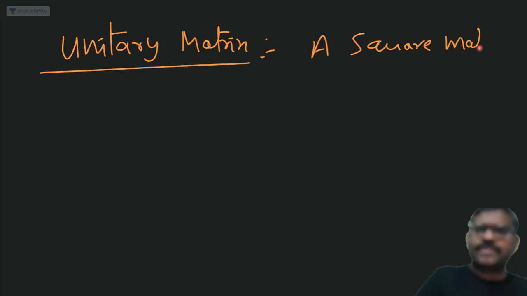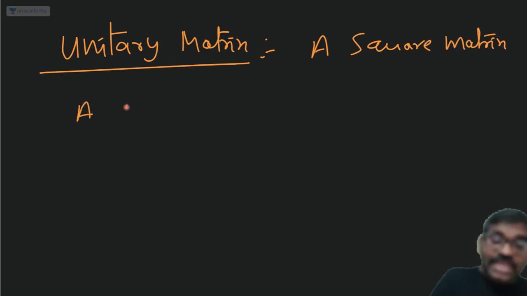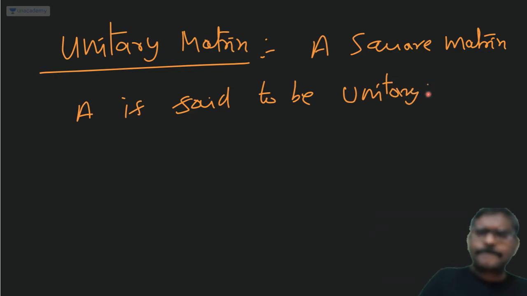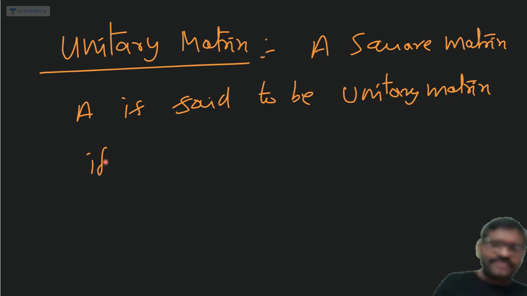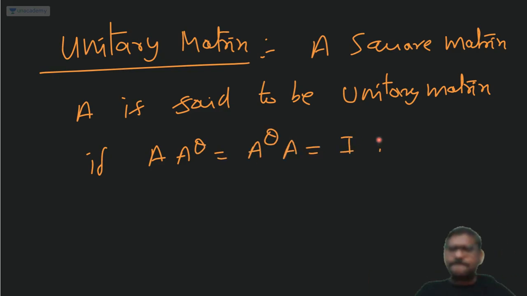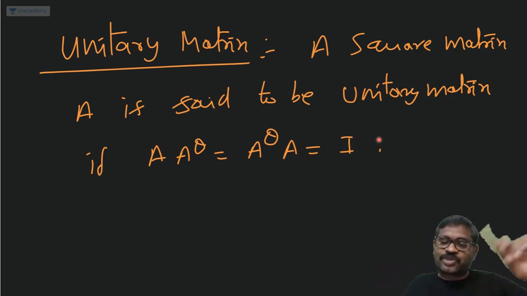A square matrix A is said to be a unitary matrix if A into A^θ equals A^θ into A equals I. It looks like orthogonal, but there the operation is transpose and the matrix is real.